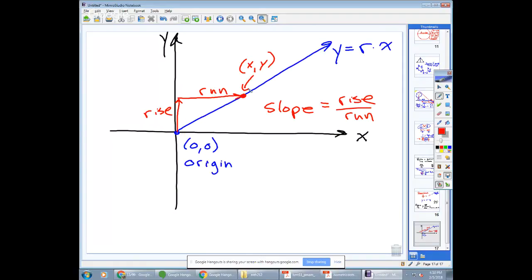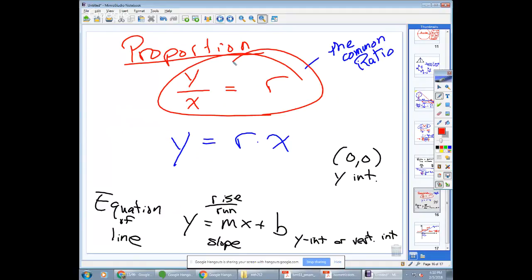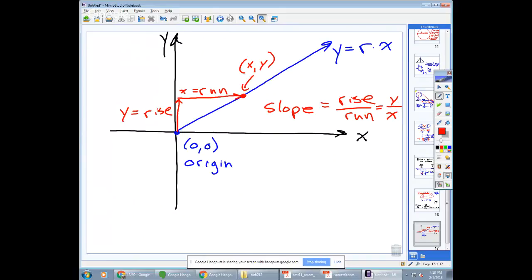So in particular, if I'm calling that point (x, y), I had to go up by y, and I had to run by x. So my rise over run is just y over x. So the slope, and that's earlier, right? Isn't that how I started, that common ratio is y over x in a proportion? So I'll use this as an example in a minute. I'm just connecting the idea that slope is that common ratio. I'll relate this back to that shadow problem.